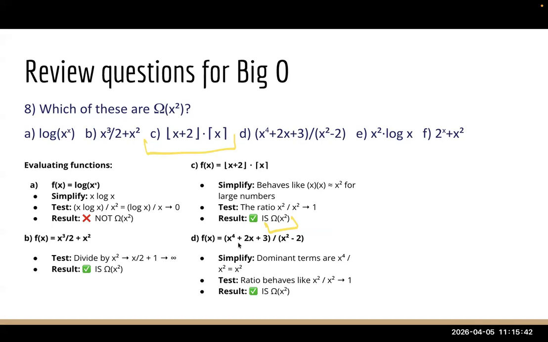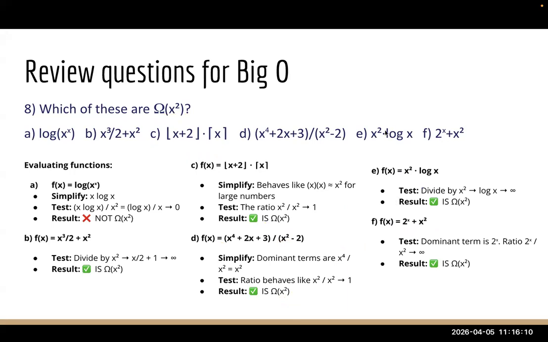The dominant terms in this are x to the power 4 and x squared. The ratio is basically x4 over x2, which is going to be x squared. Now, since we are dividing this by x squared using our test, it's basically equal to 1, and the result is therefore omega x squared.